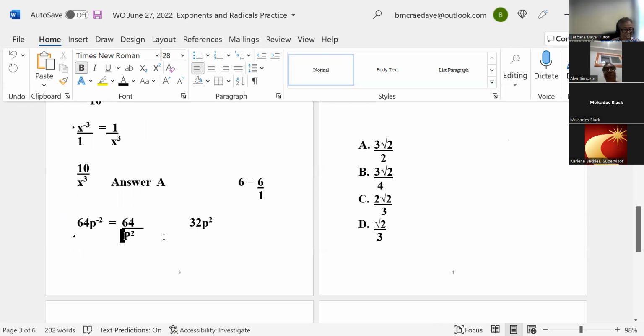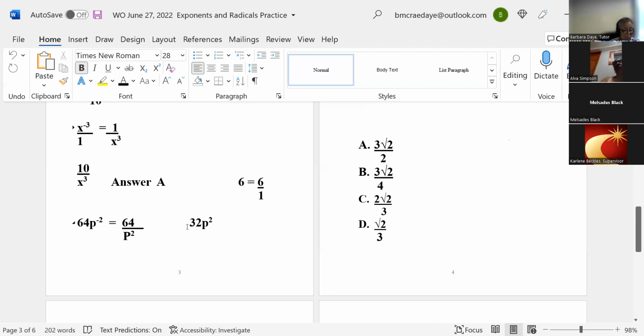I was saying the sign beside the P, when you first begin, it says 64p to the minus 2 power. So I'm saying I change the sign. You change the sign, Mercedes, but that would be in the denominator, not the numerator.